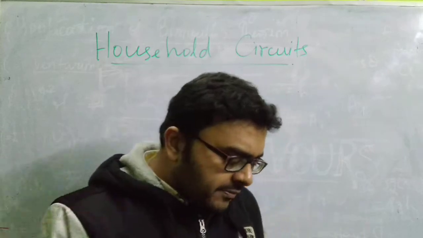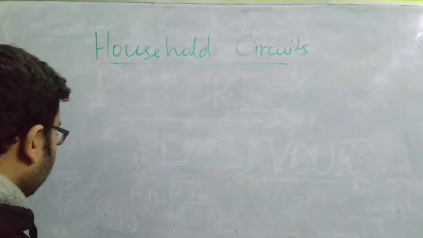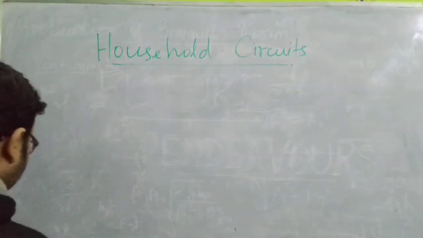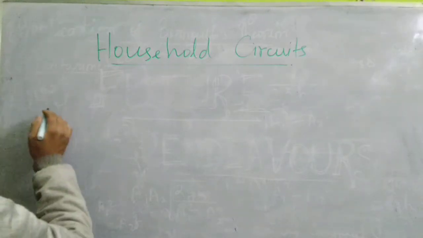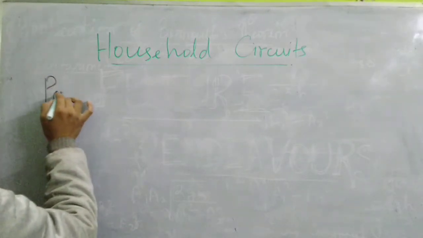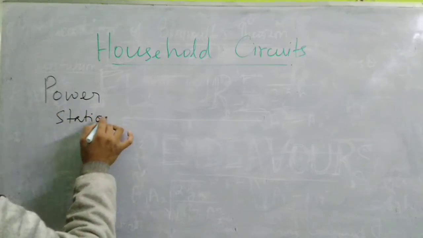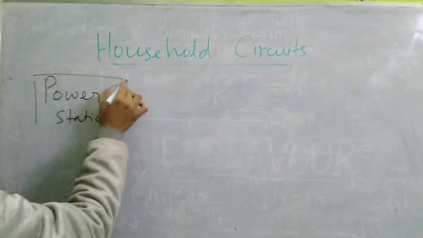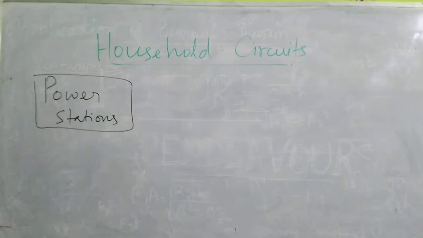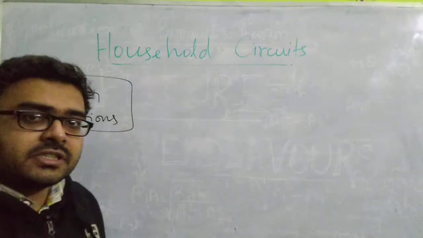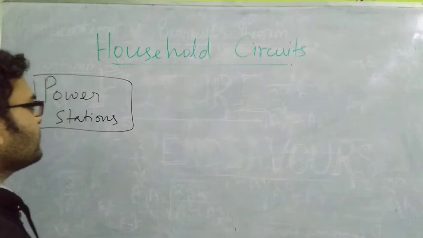Okay, so in brief I can say that electrical energy is being generated in power stations. These are also called generating stations. From here, the electrical energy that is being generated is transmitted through overhead lines.